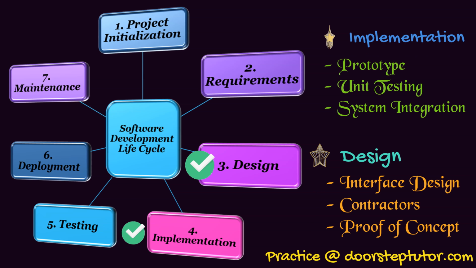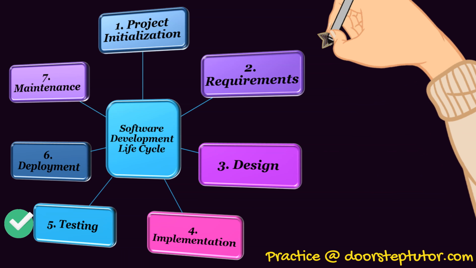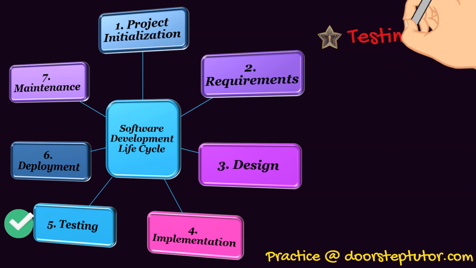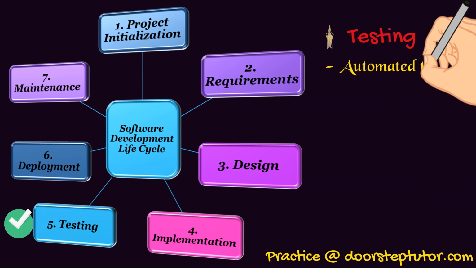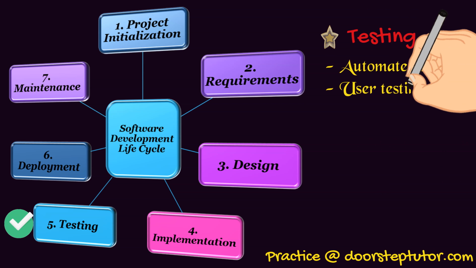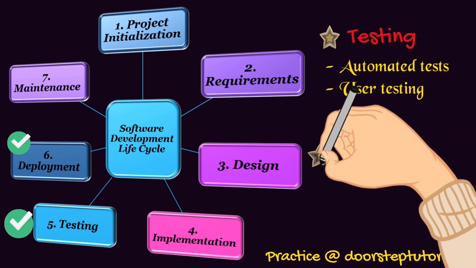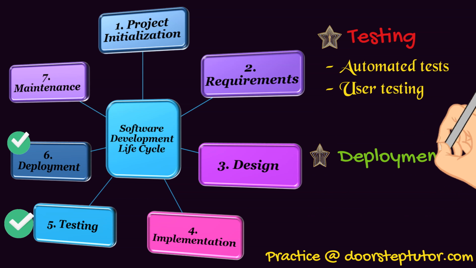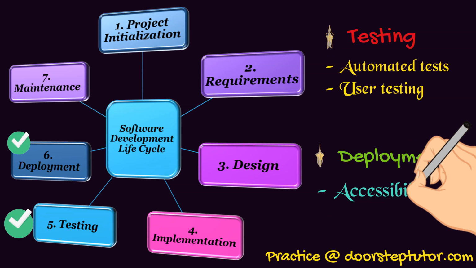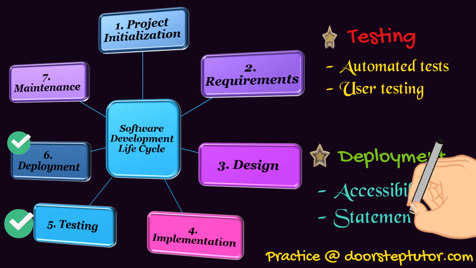Then after that, we will have the testing phase. Testing phase means that we need to fix all the errors or bugs, and we must have a good product. It must not create undesired output if we give different inputs to it. That is the major need. Then after that, we will have deployment. Deployment means accessibility.